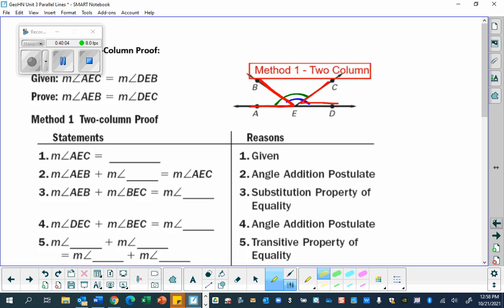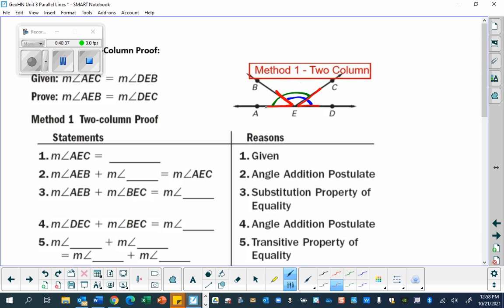If we are given that the measure of angle AEC is equal to the measure of angle BED, that looks like this. AEC has the same measure as angle BED. Okay. I want to prove that angle AEB is equal to or has the same measure as angle DEC. So these two red angles are what I'm trying to prove are congruent.